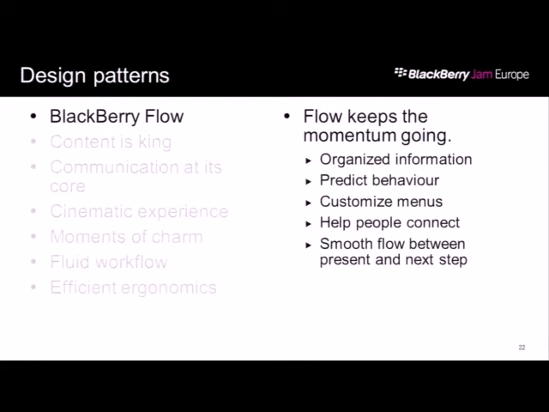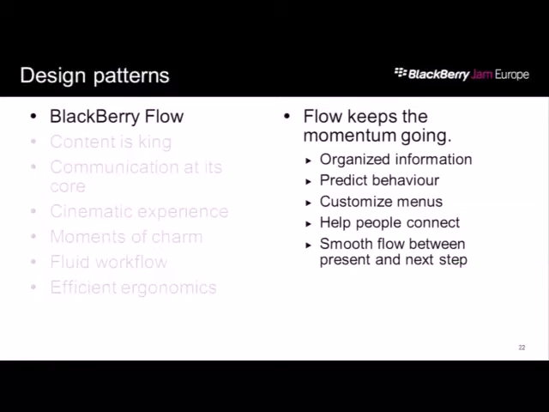So what does it mean when we say BlackBerry Flow? BlackBerry Flow, you've probably heard multiple times in the past day or two or weeks leading up to the launch. The idea, in a nutshell, is that it just keeps the momentum going. Remove stuff that you don't need so that you can accomplish the thing that you set out to do.